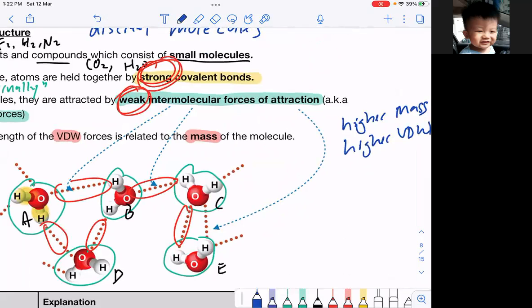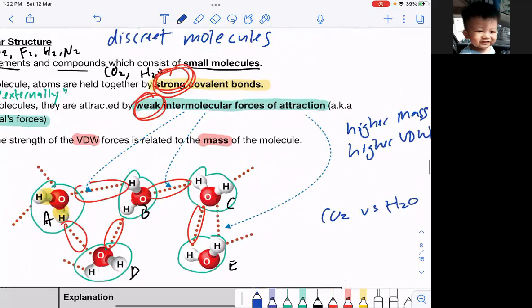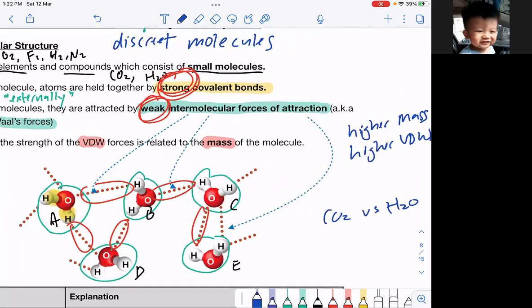So if I ask you, CO2 versus H2O, whose intermolecular force will be stronger, knowing that I just gave you this fact that higher mass, higher Van der Waals?